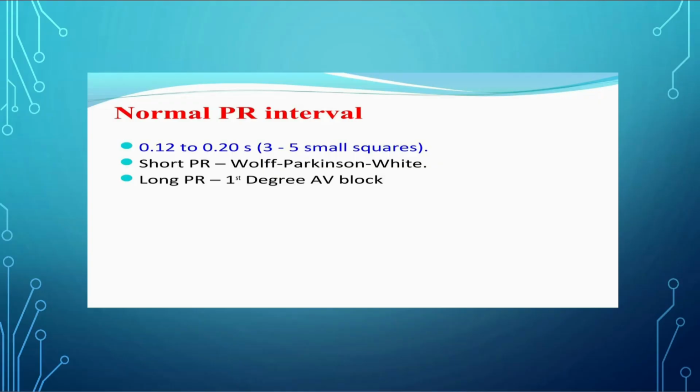And a long PR interval, you will be seeing in first degree AV block. So, what is first degree AV block? It is a disease of the electrical conduction system of the heart in which the electrical impulses are conducted slowly through the heart.